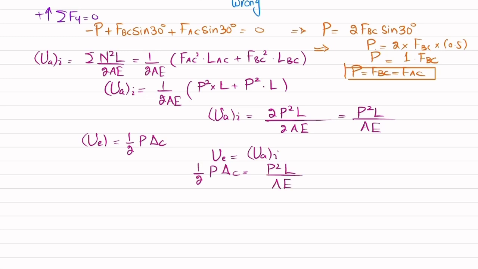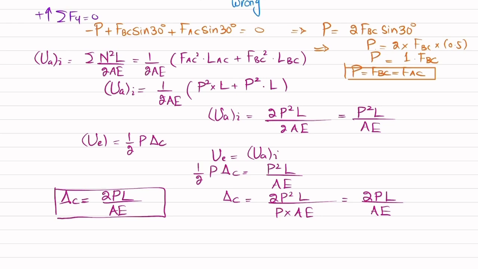So delta C will become equal to 2P square L divided by P into AE. Okay, so it will be equal to 2PL divided by AE. So horizontal displacement of point C due to load P will be equal to 2PL divided by AE, which is the answer of our this question.